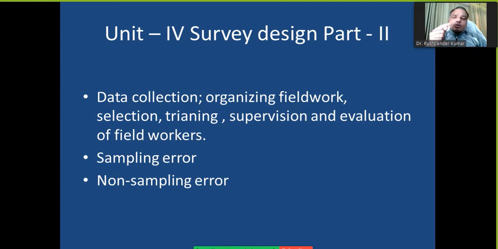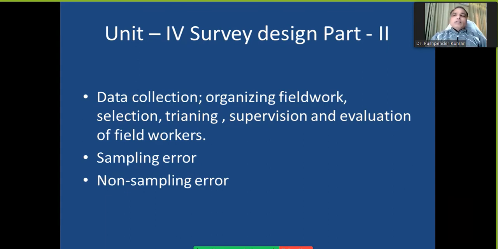If that data is wrong, if that data is not sufficient, and it's full of error, duplication of information, or misinterpretation of some information when you collect data from your respondent, then what is the use of this information?